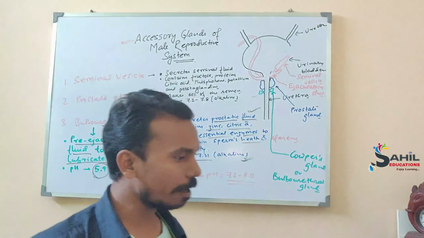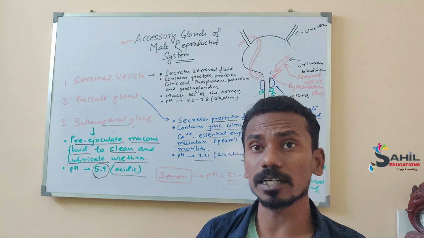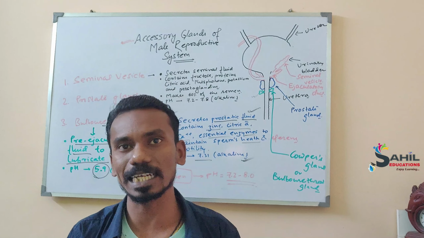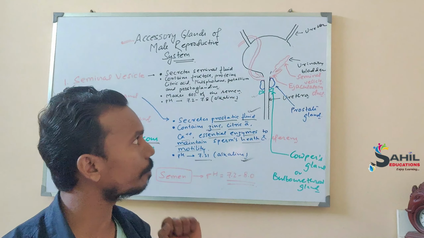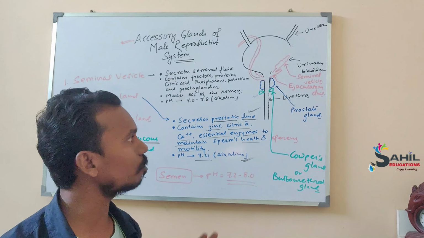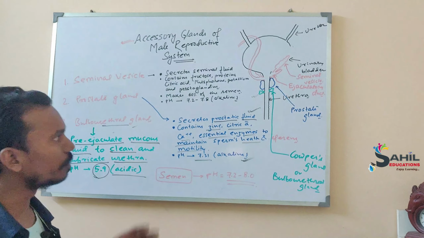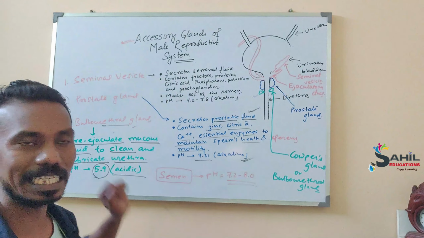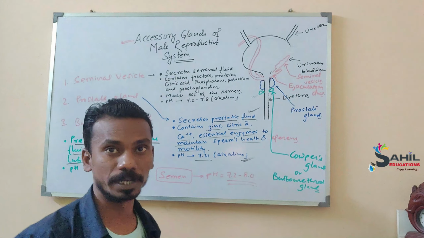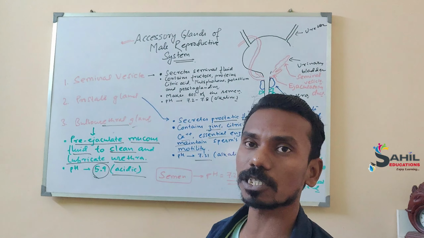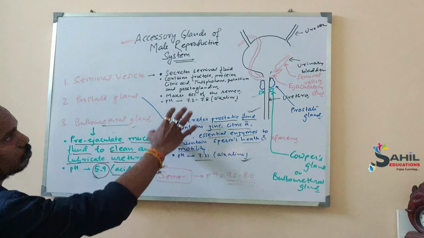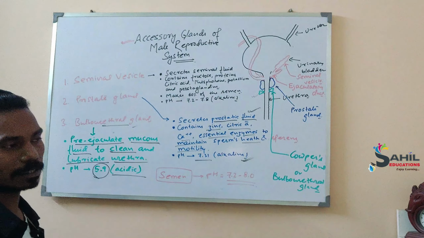So we have understood the anatomy of the accessory reproductive glands present in the male reproductive system: the seminal vesicle, the prostate gland, and the bulbourethral gland or Cowper's gland. We have known about the functions of these three accessory glands. Now talking about semen. What is semen? Semen is a combination of sperms and the fluids coming from the three glands.